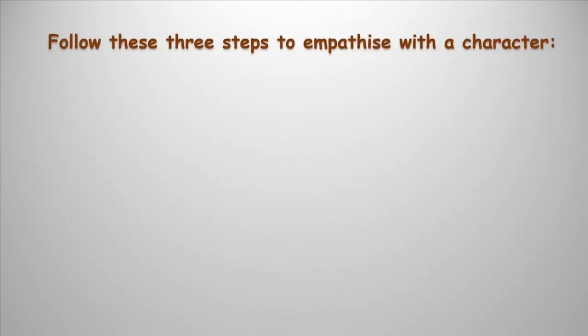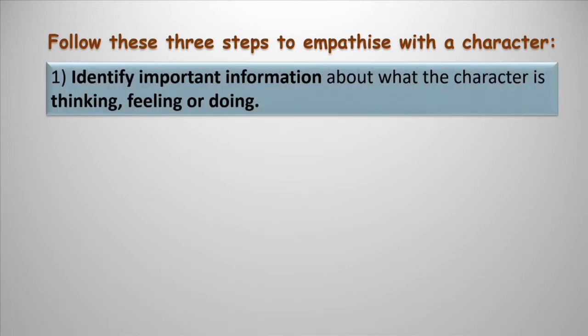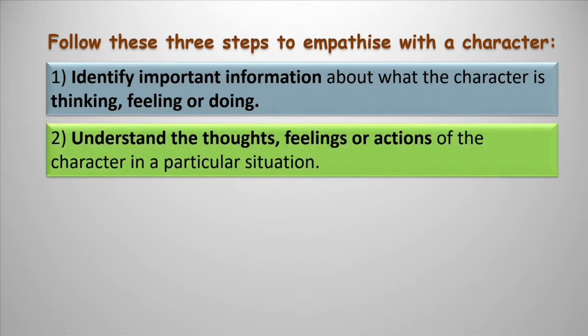To be able to empathize with a character, a reader has to follow these 3 steps. First, read the text carefully to identify important information about what the character is thinking, feeling, or doing. Second, understand, from the character's point of view, the thoughts, feelings, or actions of the character in a particular situation.